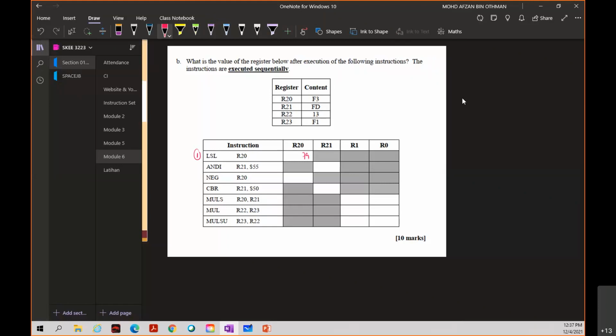Other than that? E6. Okay, we get E6. Anything other than these two answers? Okay, so let's check the first instruction here. We have two answers: one is 79, and the second one is E6.